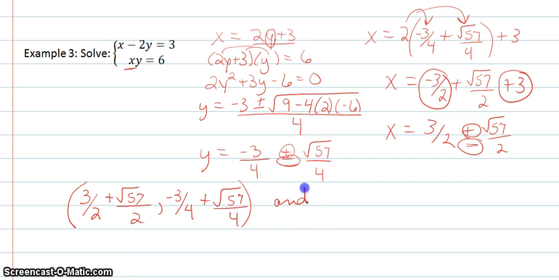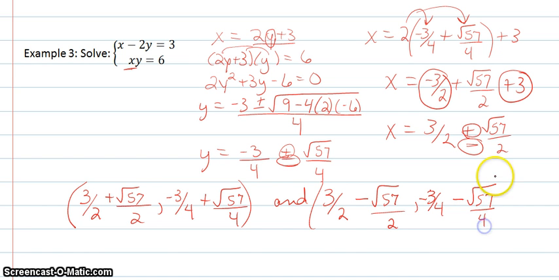Okay, and my other point would be still a positive 3 over 2, but this time it would be minus the square root of 57 over 2. And then my y would be a negative 3/4, but this time it's negative square root of 57 over 4. So not a very pretty answer, but not too bad.